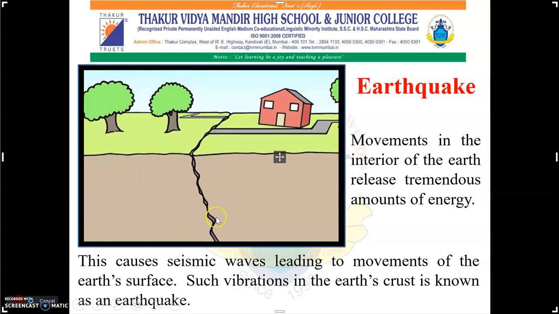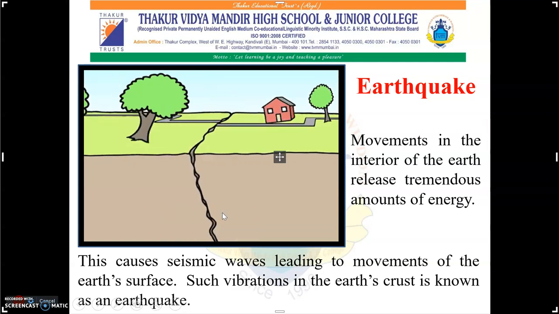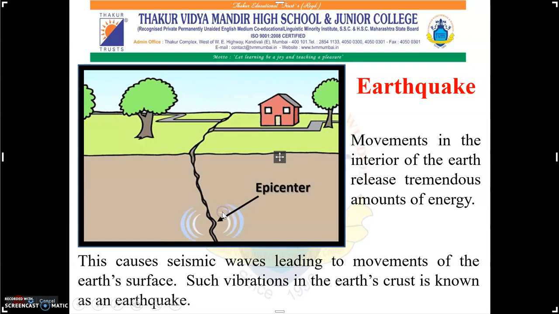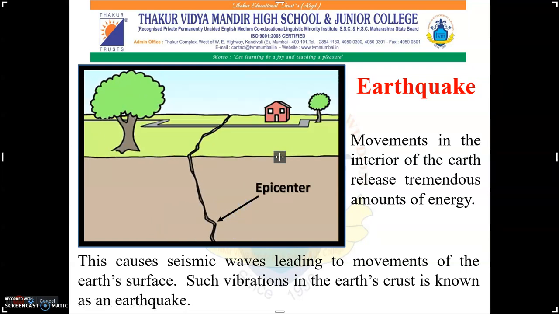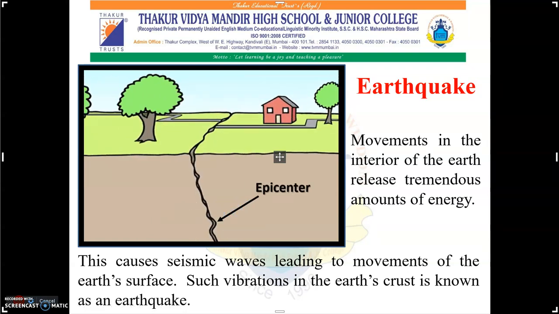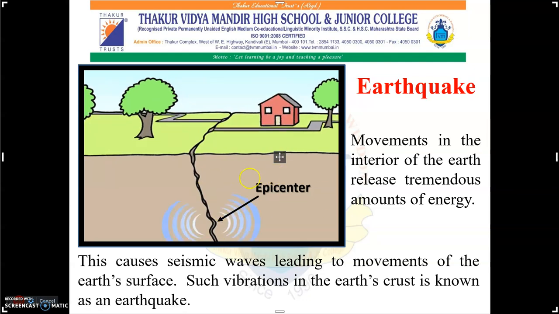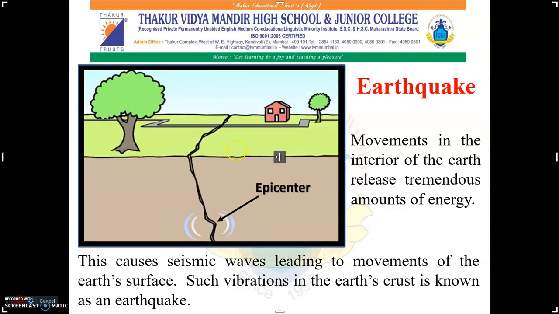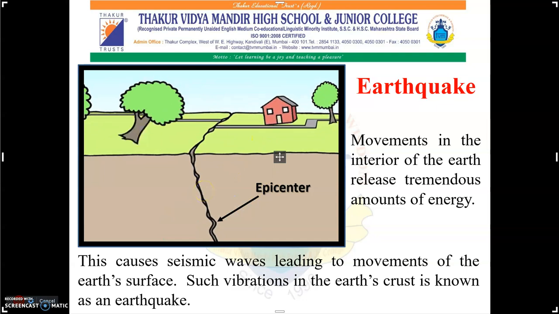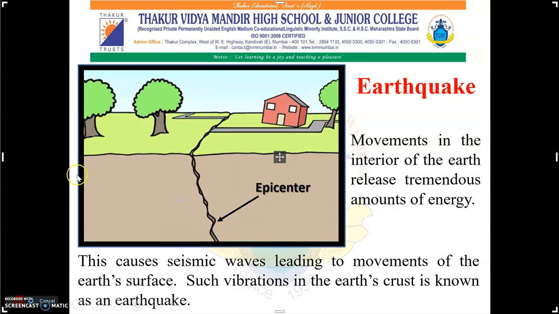The central point of the earthquake is the point above the epicenter on the earth's surface. Strong waves at first reach the epicenter. Therefore, major loss occurs near that area.